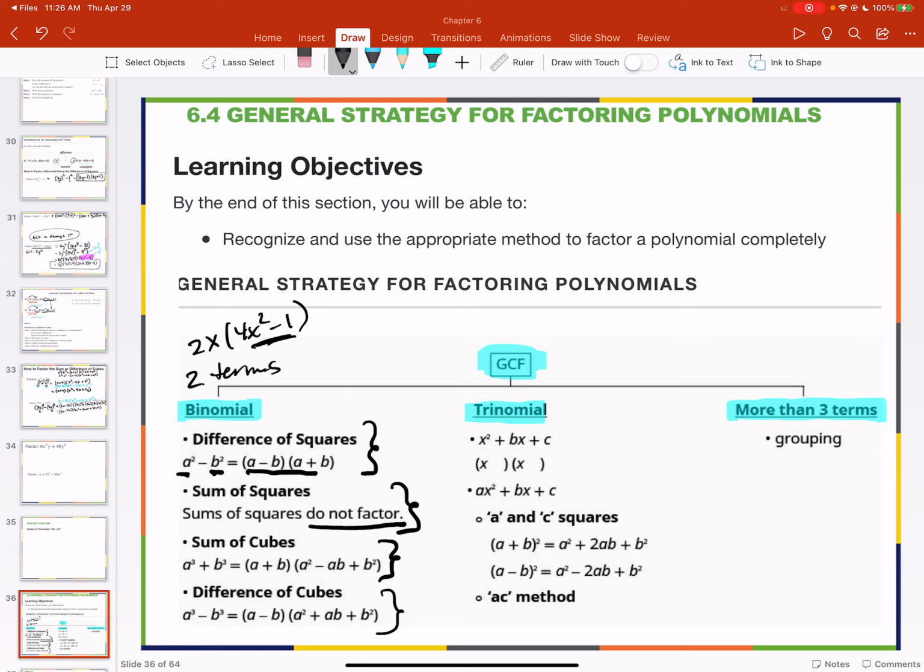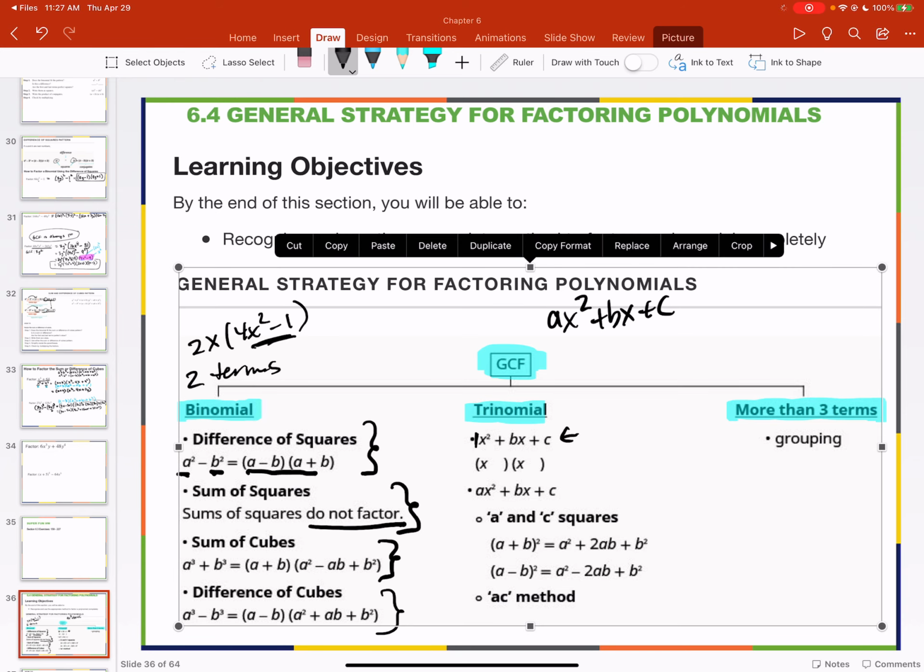Now, what if it's not a binomial, but a trinomial? The common form is ax squared plus bx plus c. If a is 1, then we can factor using the factors of c such that when you add them together, it equals the middle term.